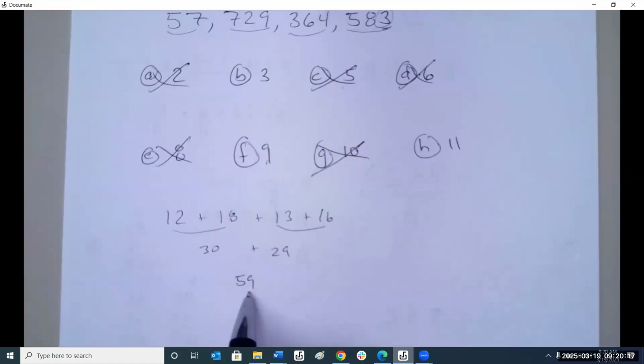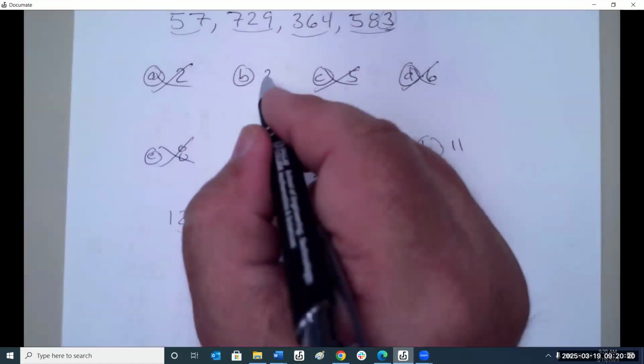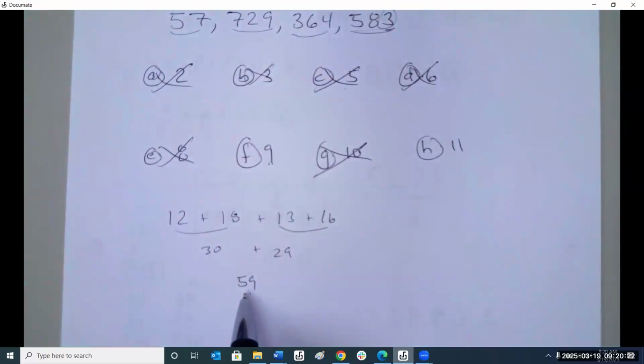So does 3 go into 59? Does 9 go into 59? No. 11's a whole different animal.